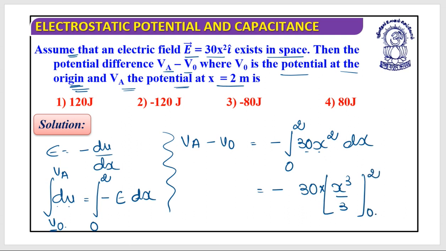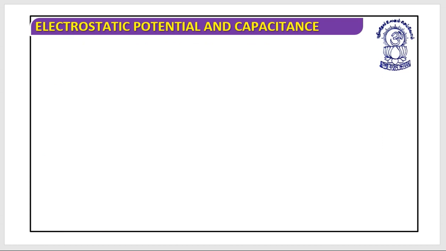If I solve this, VA minus V naught equals minus 30 by 3 into x cube, with limits from 0 to 2.